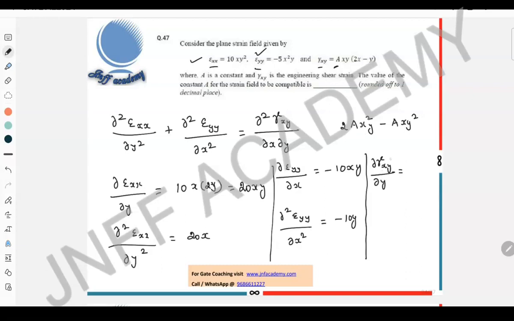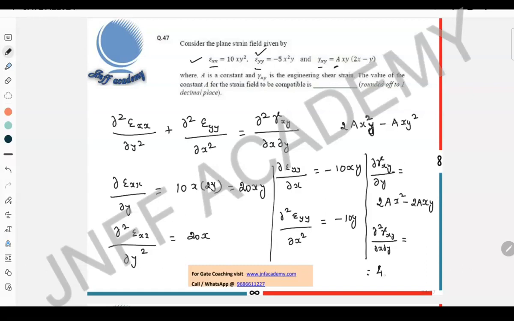Now we will do the differentiation with respect to y. At the first place 2a x square term will come, minus 2a x y will come. Next, dou square gamma xy by dou x dou y. This time I need to differentiate with respect to x.